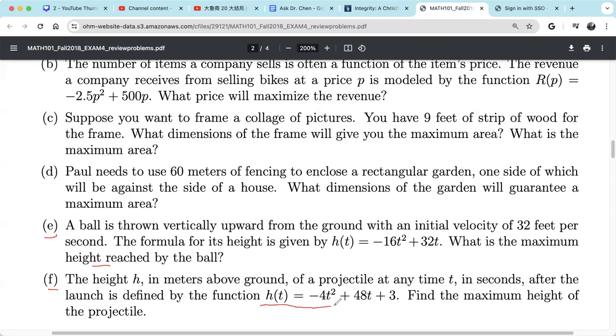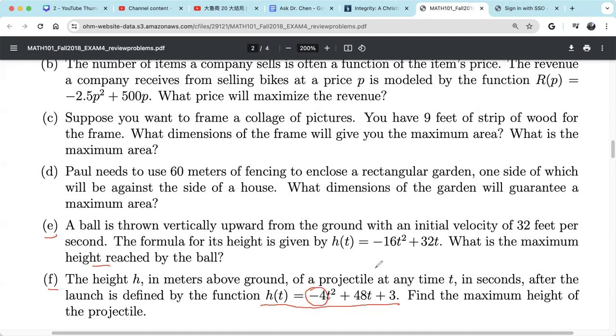So whenever you toss a ball, the trajectory is a parabola. Which means it's a quadratic function, especially a downward parabola. Because the trajectory is a downward parabola. So you can see here the model is indeed a quadratic function with a downward parabola because the leading coefficient is negative.